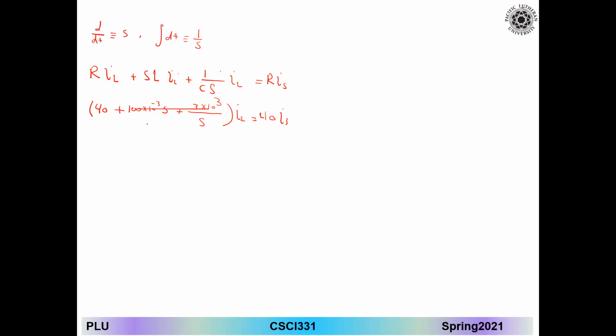Yes, agree with that. So now the only thing we end up with is the 1S, but don't forget we have S in the denominators here. We need to multiply the entire equation by S. So you end up with 40S plus 100 to the power of minus 3 times S squared plus 3, with no S here.